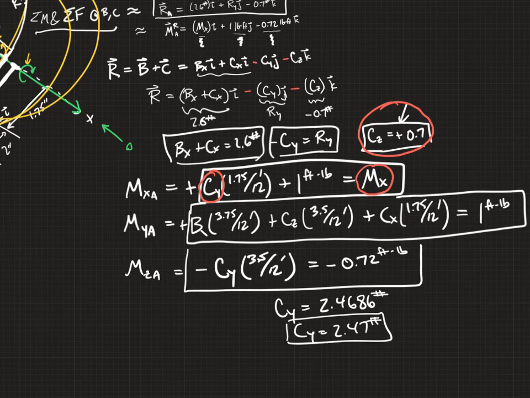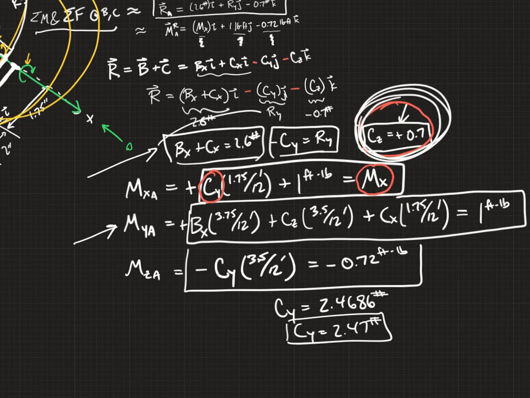One of the things I need to do is I forgot I have an x right there. So what I want to do is take this equation right here and plug into it Cz right here. Basically I want to take this equation and plug it into this equation.